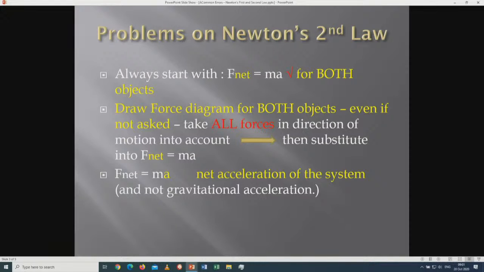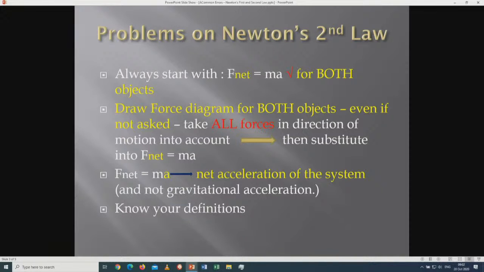You are not allowed in any way ever to substitute the gravitational acceleration. Yes, there's a place for that, maybe when you elaborate on all the forces acting, which cause F net. But this is not the value of g. This is the value of the system, the net acceleration of the system. Very important.